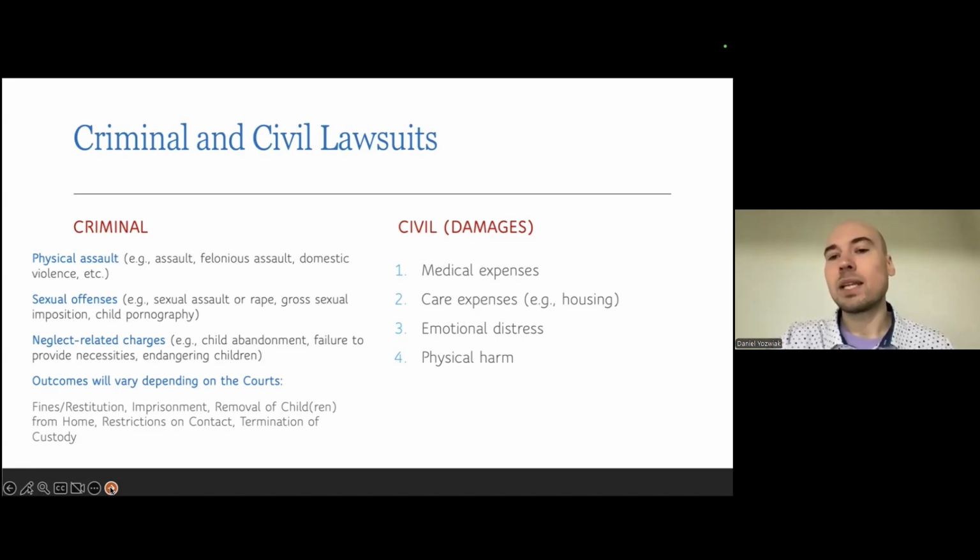If there has been any type of financial harm, then a parent or guardian might have to pay restitution. We call that financial compensation restitution, whereas on the civil side, we call it damages. So when we look at the civil side, we're talking about financial compensation for medical expenses, care expenses, emotional distress, and pain and suffering, which is that physical harm.